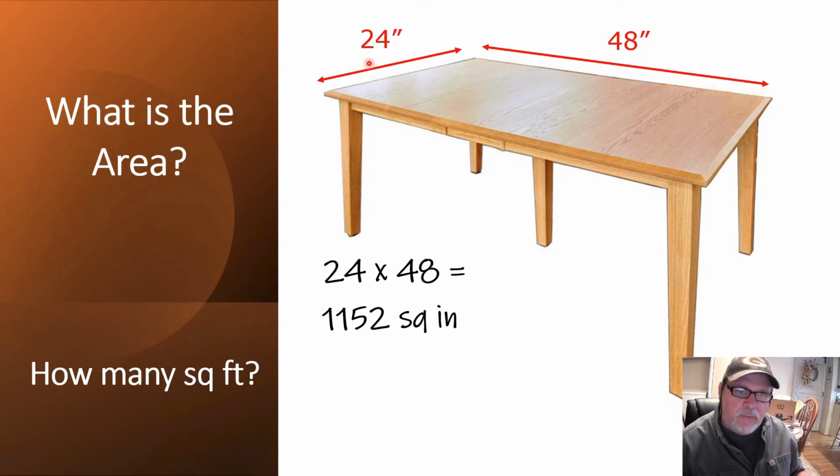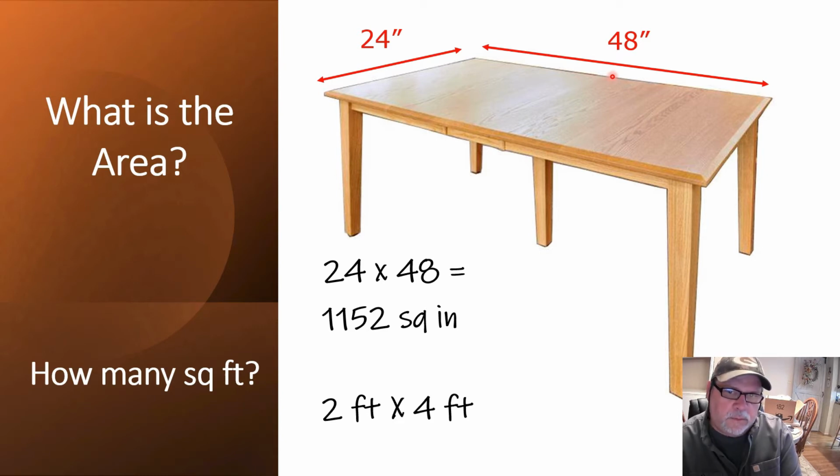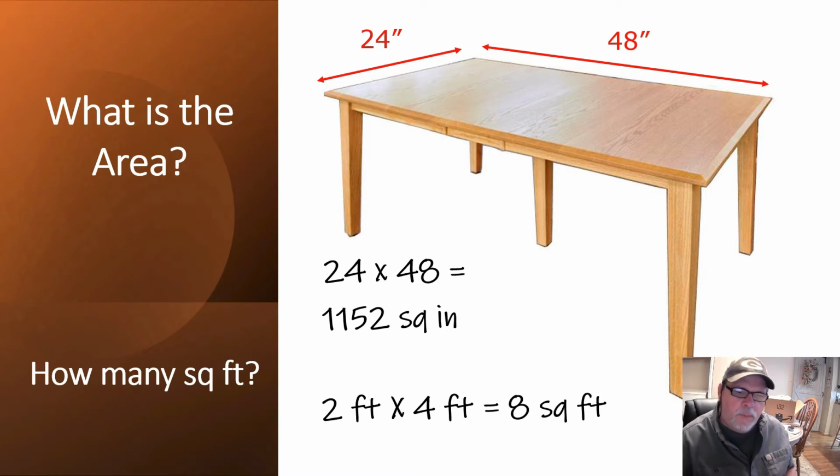So I'm trying to get feet, so I just divide 24 divided by 12, and that would equal what? 2 feet. All right, here we got 48 inches. So we want to convert it to feet, so you just go 48 divided by 12, which is 4 feet. So in square feet, that tabletop is 8 square feet. It's 1,152 square inches, or 8 square feet.